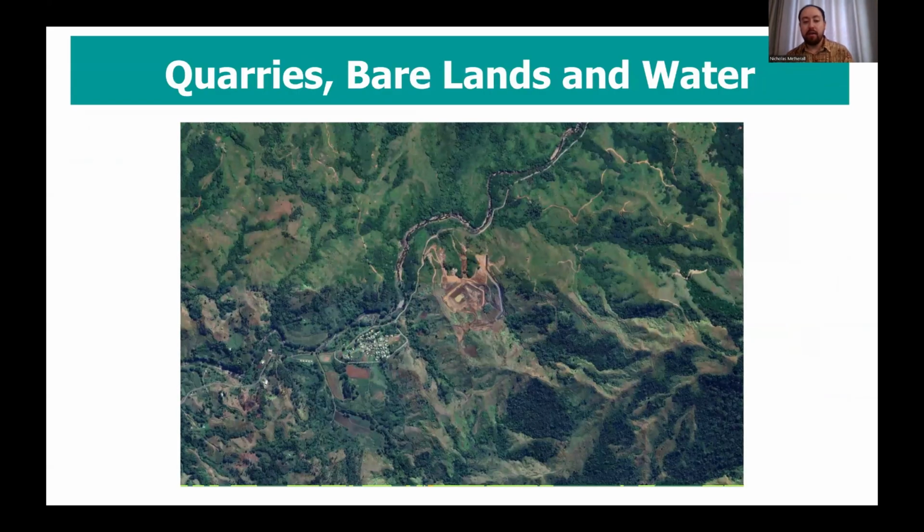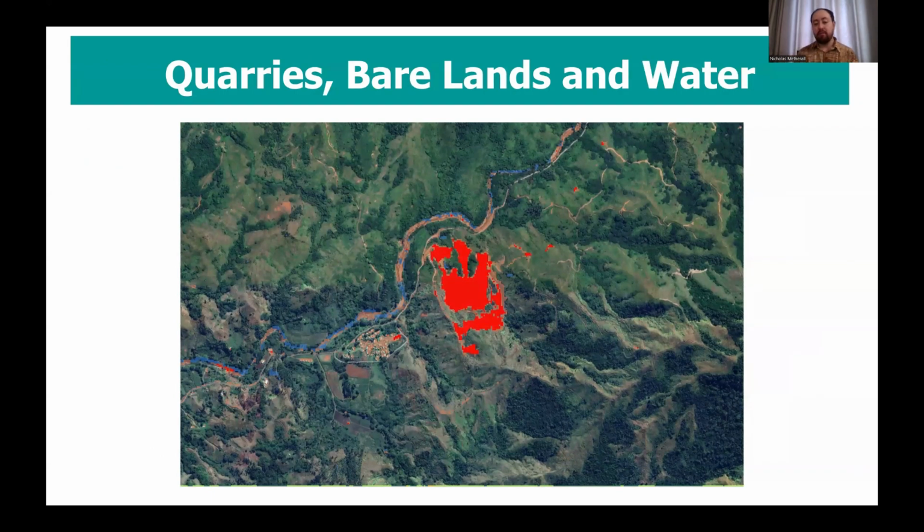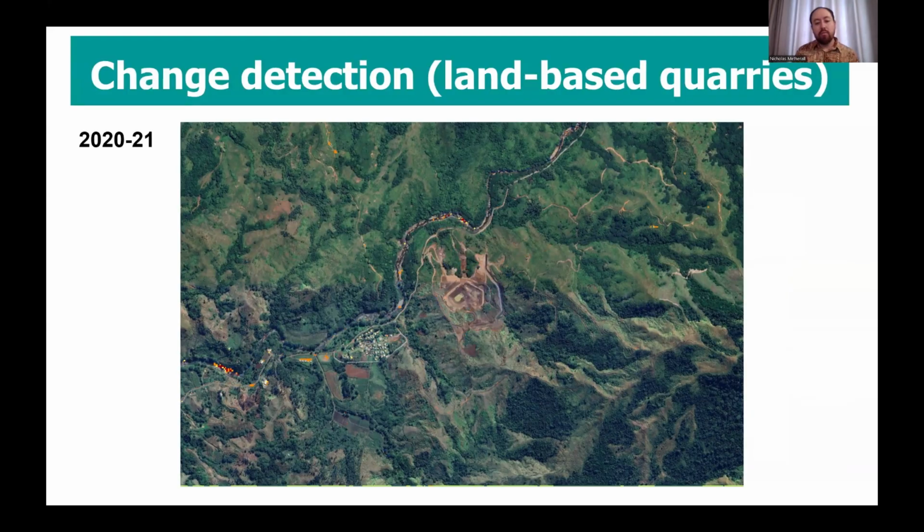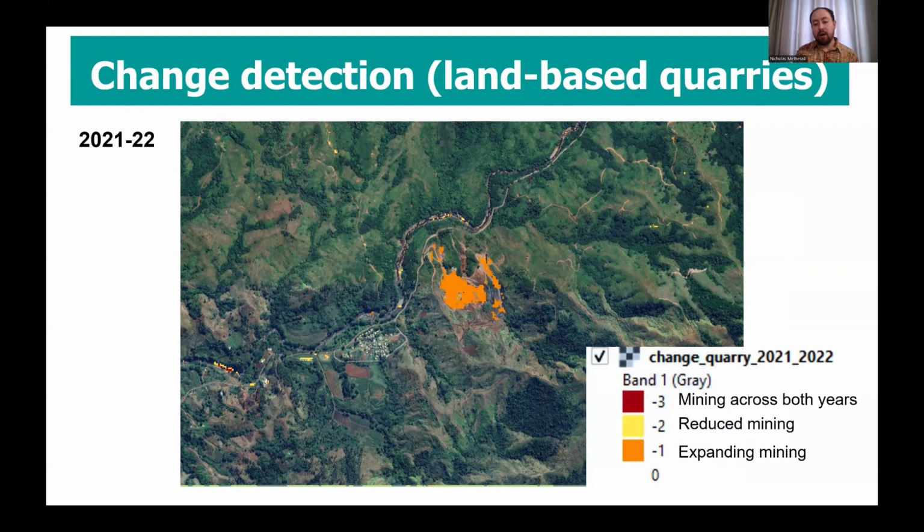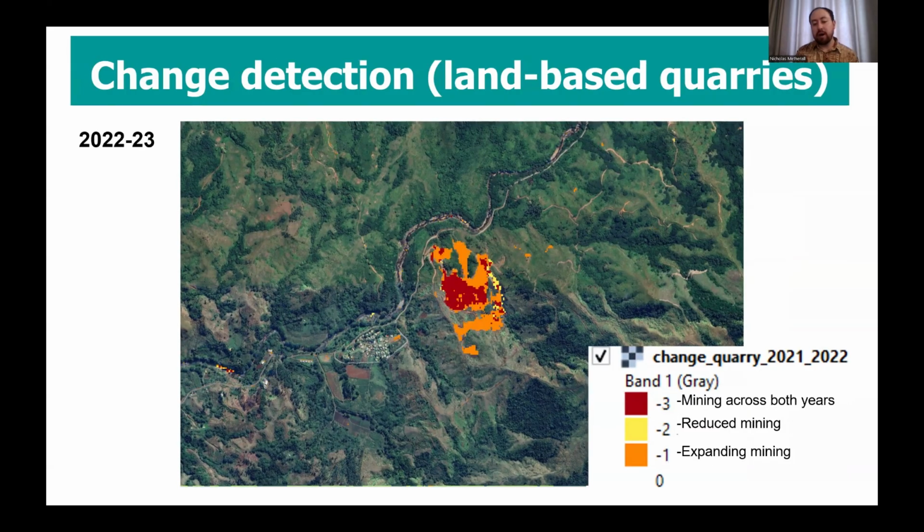So we have this area of the quarry in red, the brown areas of bare lands, access roads, and potential areas of in-river extraction in brown, and the blue areas highlighting the river, as well as other surface water bodies. In 2021, we saw the beginning of the establishment of these mining areas in orange. In 2022 to 2023, we saw the establishment of the stockpiles and the expansion of these mining areas.